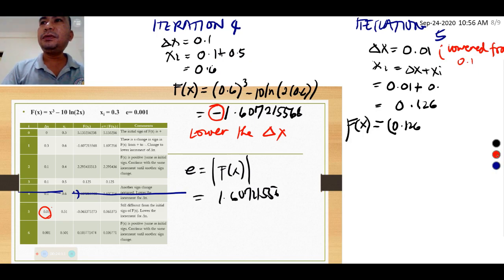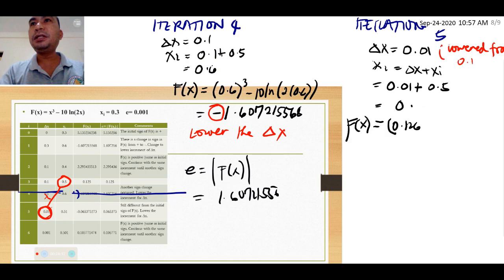It is supposed to be 0.1 plus our value of previous xi, so that will be plus 0.5. That will give us the answer 0.51.